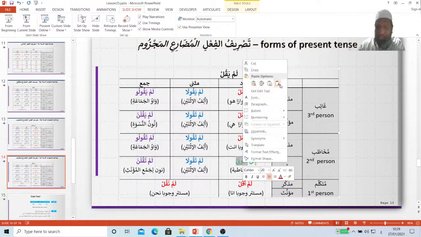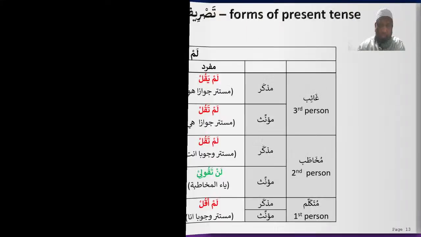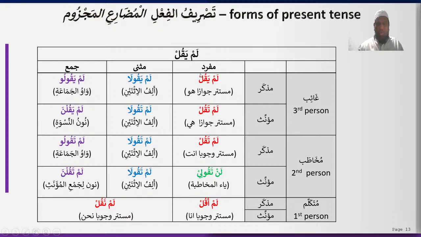Let's change it. Okay, so لم يقل, we drop the حرف علة because of اجتماع ساكنين. لم يقل, لم تقل, لم أقل, لم نقل.